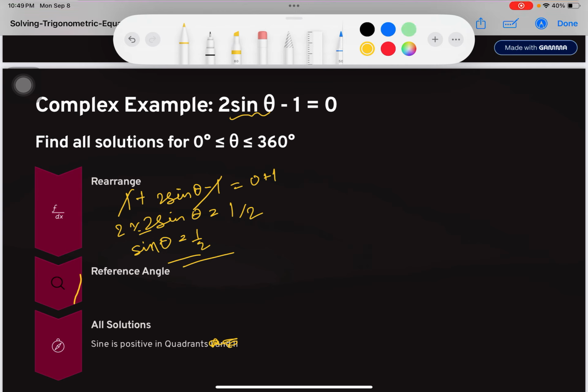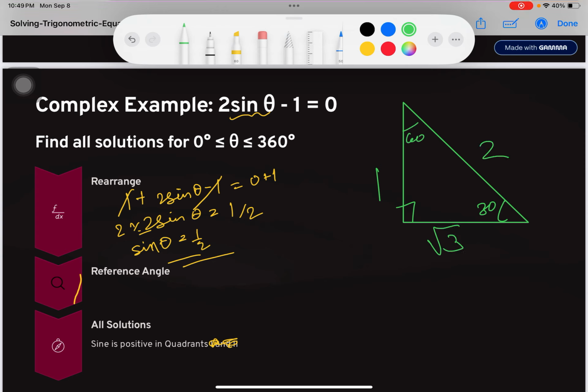It's the same triangle we did, a 30, 60 triangle. It's 1/2, y over r, sine equals 1/r, where this is y and this is r, the hypotenuse.